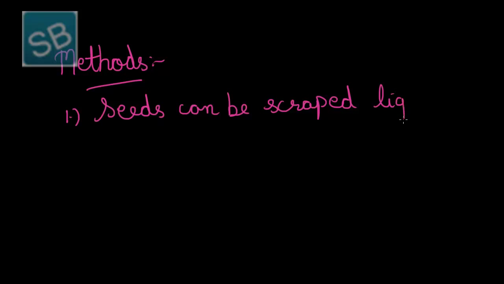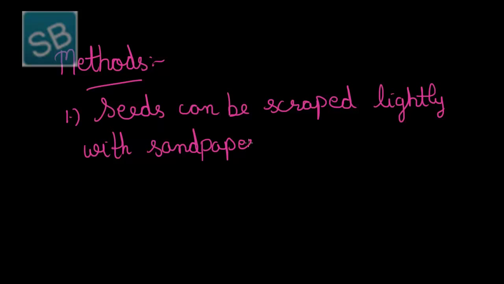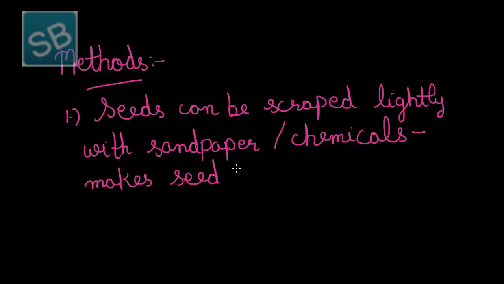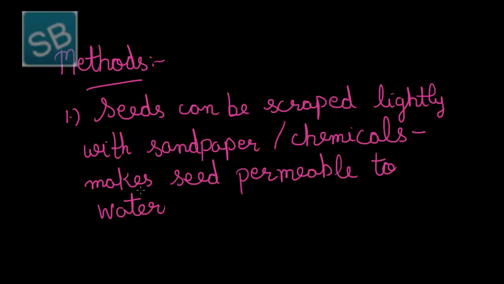The first method is that seeds that are dormant can be scraped lightly with sandpaper or with other chemicals, which makes the seed permeable to water and thereby helps in the germination process.